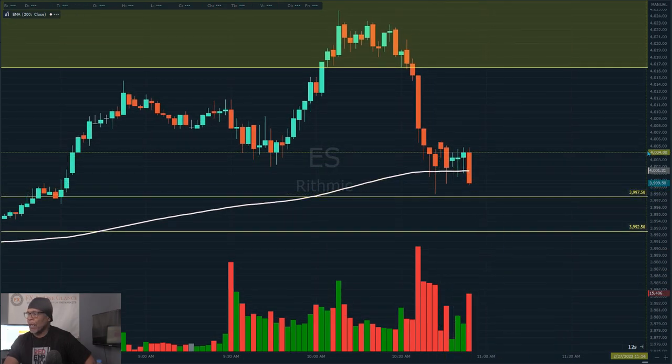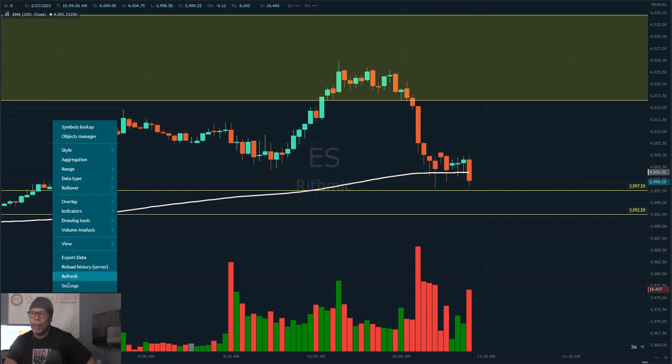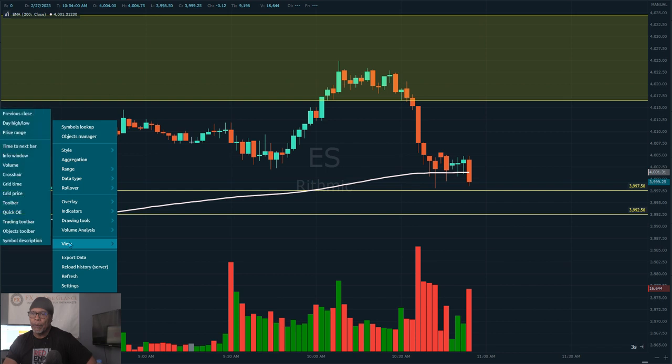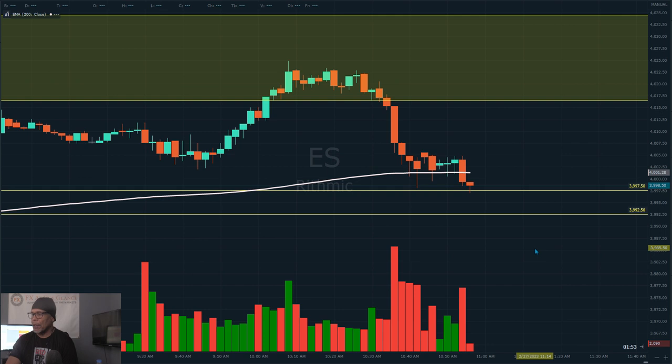We're getting ready to have this equal low right here. View, get rid of this crosshair. So let's see if we break below that. Yes, we did.